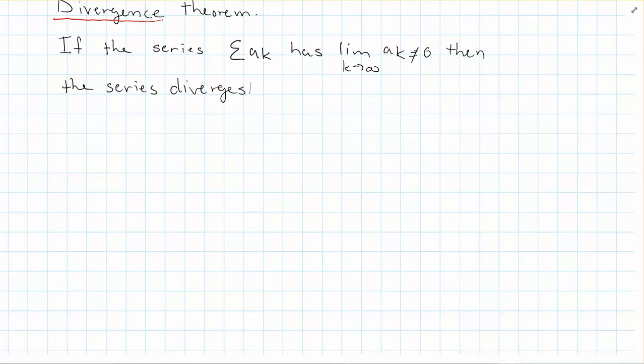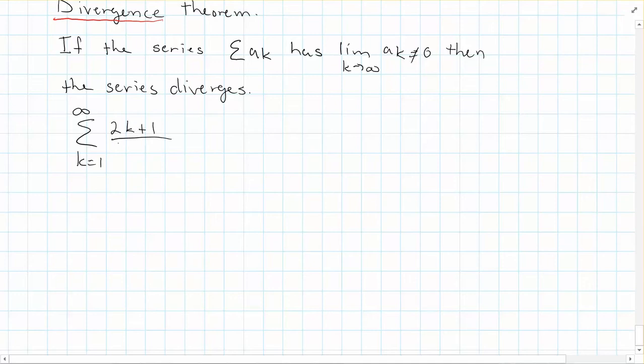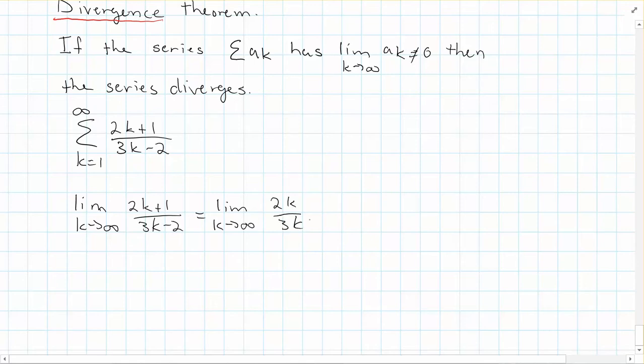If we have, for instance, the sum from k equals 1 to infinity of (2k plus 1) over (3k minus 2), we can use the divergence test on this, because the limit as k goes to infinity of (2k plus 1) over (3k minus 2) is the limit of 2k over 3k, which is just equal to 2/3.